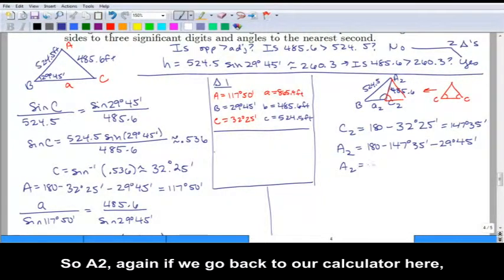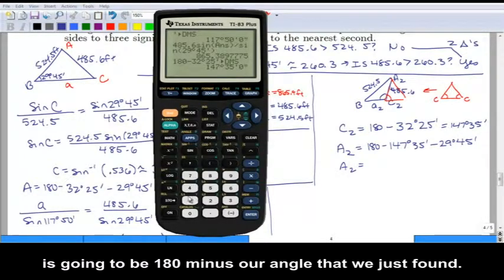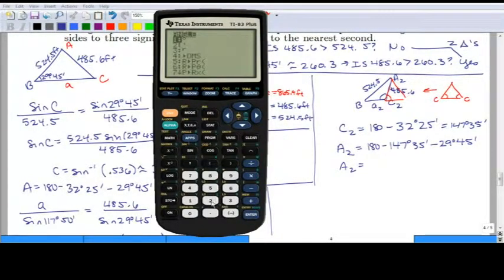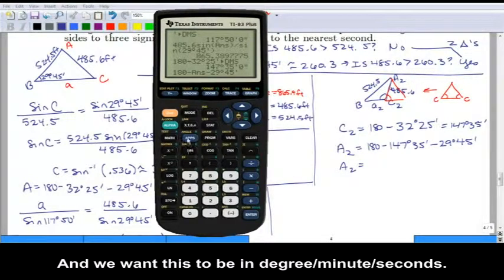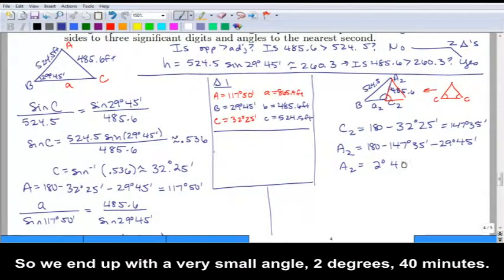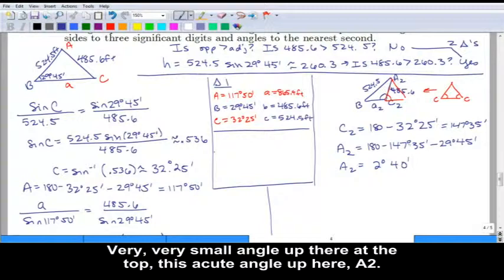So A2, again, if we go back to our calculator here, is going to be 180 minus our angle that we just found, so we can hit second answer, and then minus our 29 degrees, 45 minutes, and we want this to be in degree, minute, seconds. So we end up with a very small angle, 2 degrees, 40 minutes. Very, very small angle up there at the top. This acute angle up here, A2.